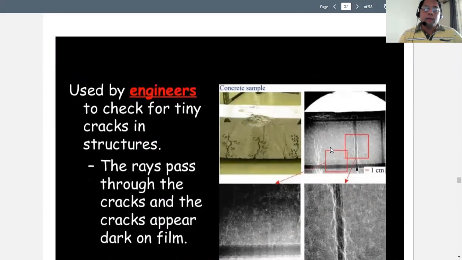So again, X-rays also can show that there are cracks inside. So even if it appears that it is good outside, you can check internally if it's structurally sound or not, if there are damages inside. So let's say there's a strong earthquake.